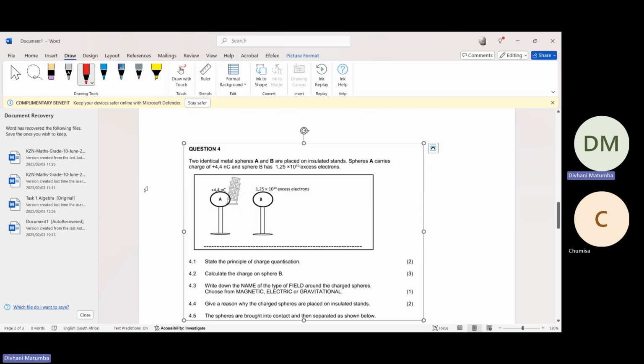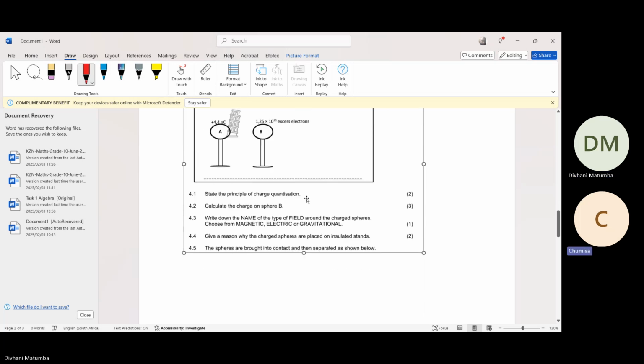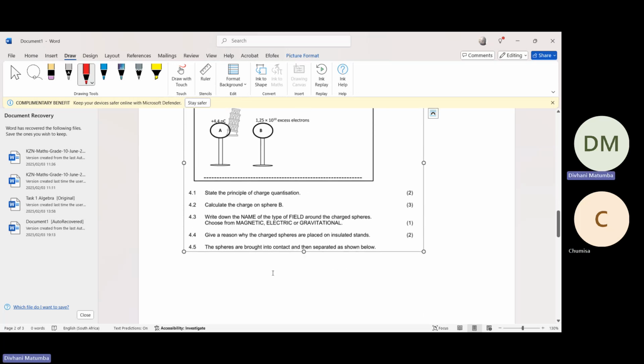Two identical metal spheres A and B are placed on an insulated stand. Sphere A carries a charge of +4.4 nanocoulombs, and sphere B has a charge of 1.25 times 10 to the power of 10 excess electrons, not a charge, excess electrons, right? Yes, sir. The first question: state the principle of charge quantization.